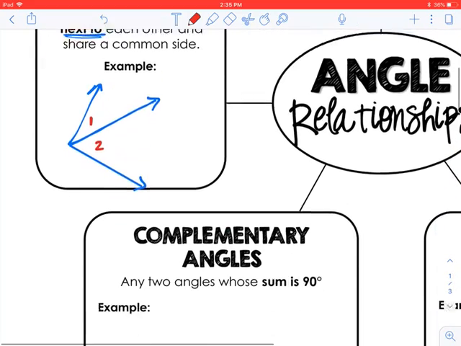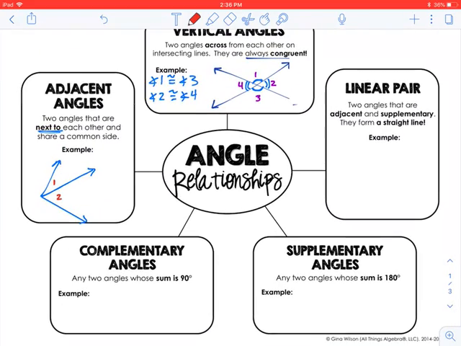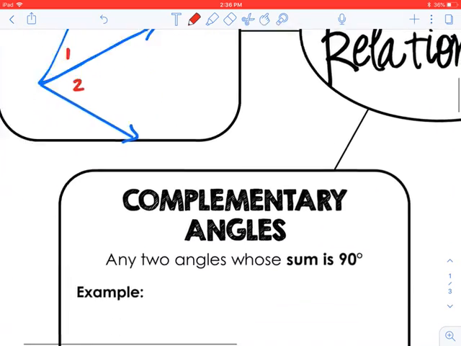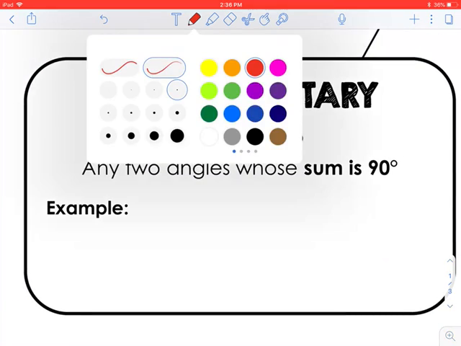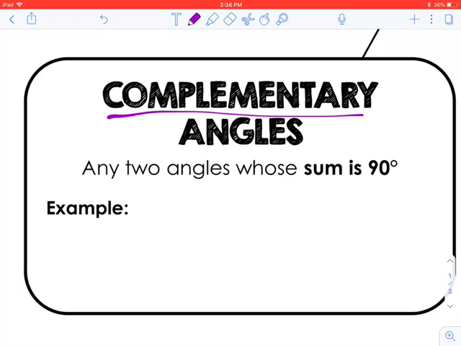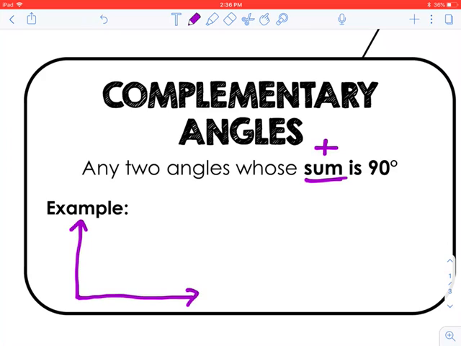So, going down the row here, let's look at complementary angles. So complementary angles are any two angles whose sum, remember that's adding together, whose sum is 90. Okay? So if I have something like this, and I know this is 90 degrees, but I also have a line coming up from there, then it makes two angles.